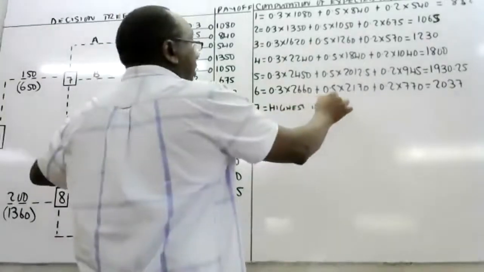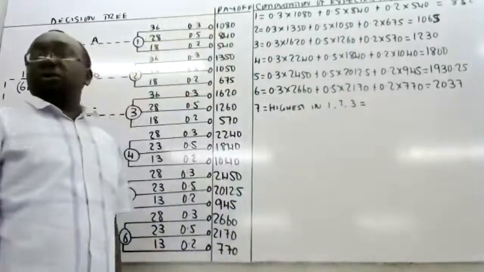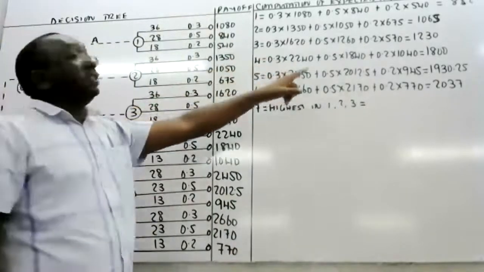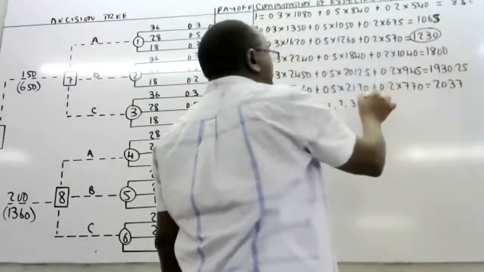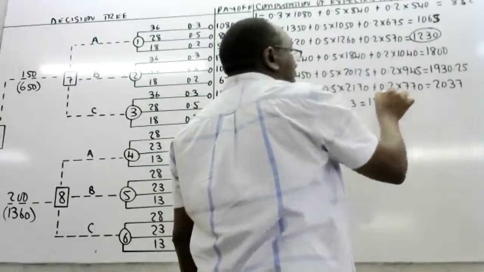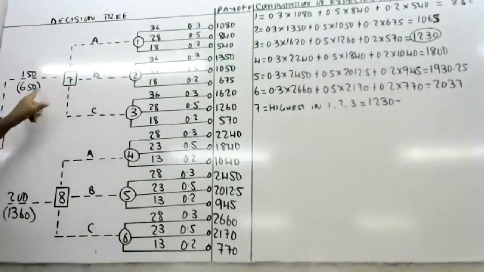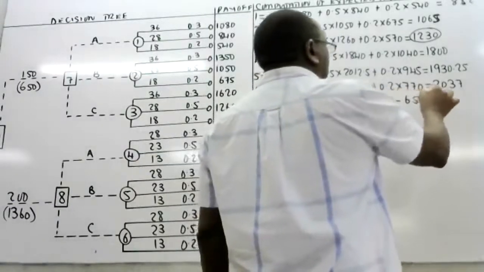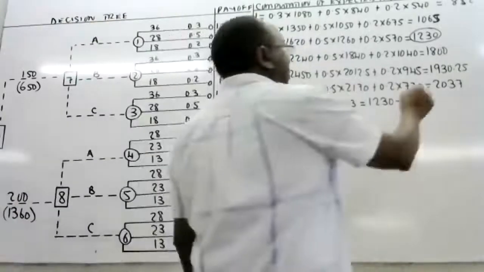Of these 3 of them, the highest is 1230. So you take 1230, and before you settle on it, you can see the line coming in has a cost of 650. So you subtract 650. What do you get? 580.